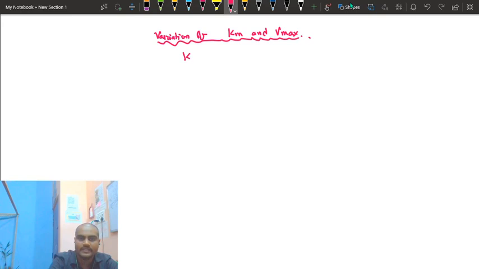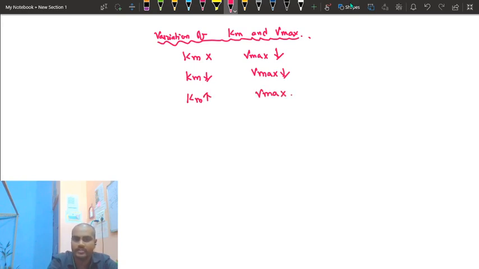In one case, Km will be unchanged and Vmax will get decreased, right? On the other hand, Km will get decreased and Vmax will also get decreased. And in another case, Km will get increased and Vmax remains unchanged, right?